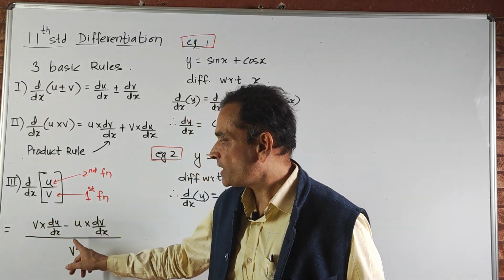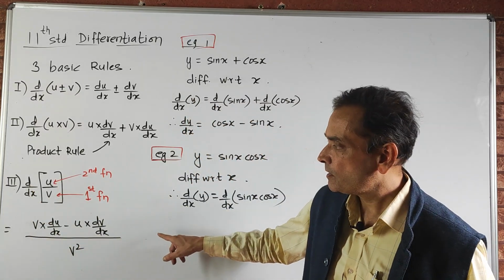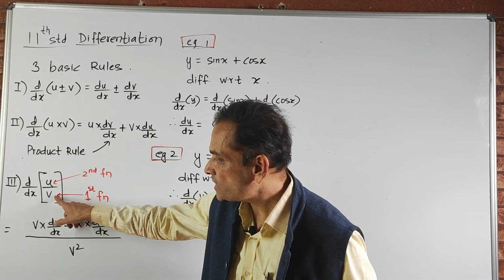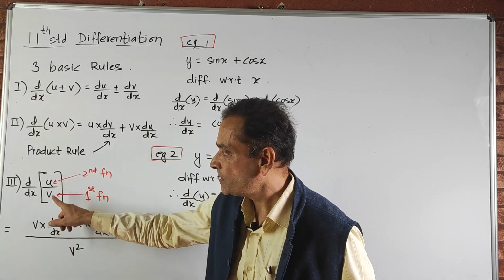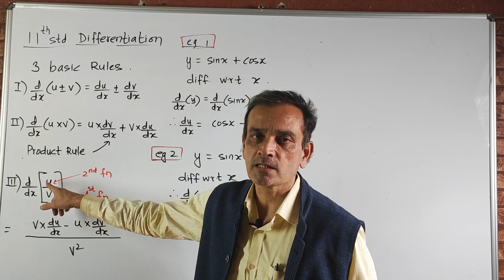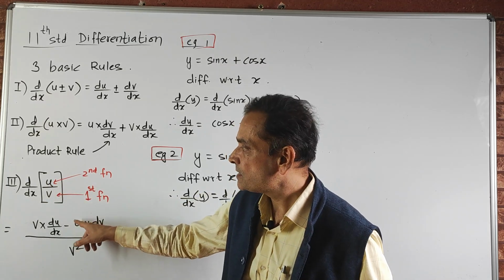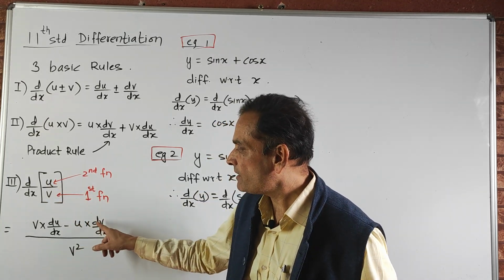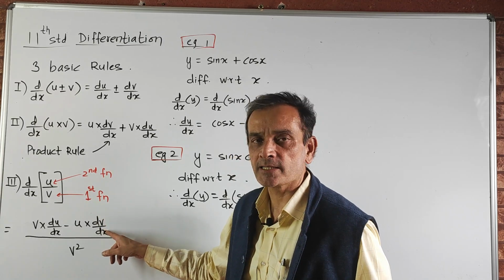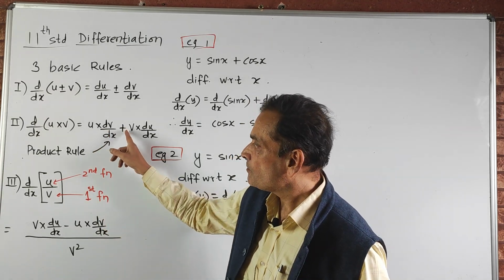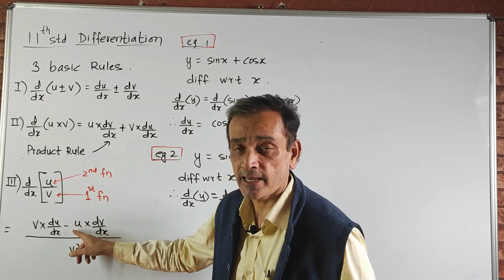Du by dx will be equal to, draw a big line, first function derivative of second, v into du by dx, minus second function into derivative of first, dv by dx. यहाँ पे कैसा किया? प्लस लिया था, लेकिन यहाँ पे माइनस लिया है.